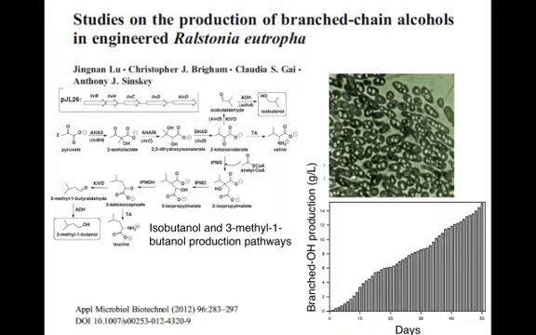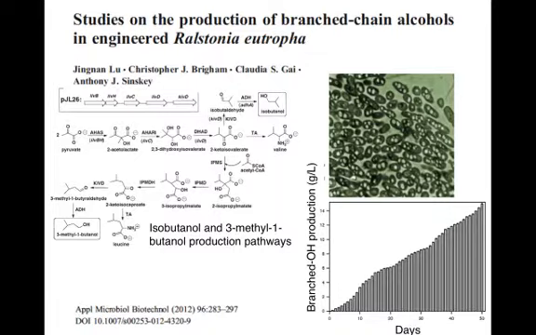You can see at the bottom of the slide on the right that if you look over a couple of months, so out to 50 days or so, you get increasing titer of branch chain alcohol production in terms of grams per liter accumulating over time. So these cells, which naturally like to store carbon, can store these particularly useful branch chain alcohols by engineering this pathway into them.